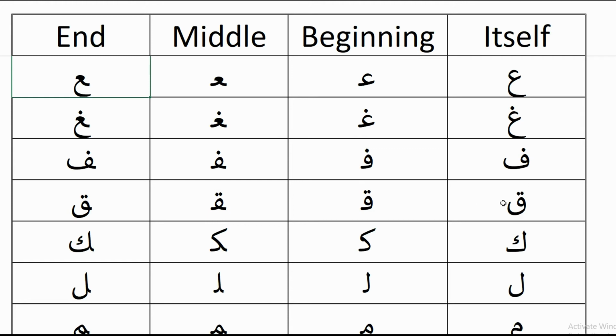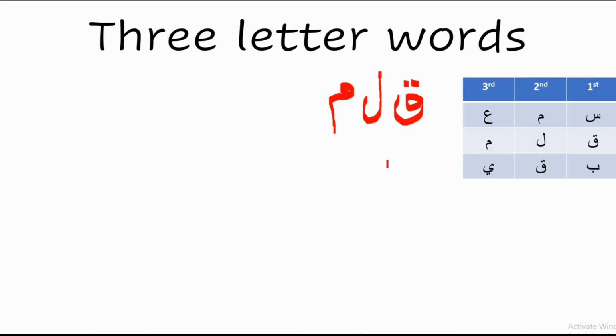This is how Qaf looks like by itself, and this is how Qaf looks like when it comes at the beginning of the word. So let's copy this shape. This is how Qaf looks like in the beginning of the word.